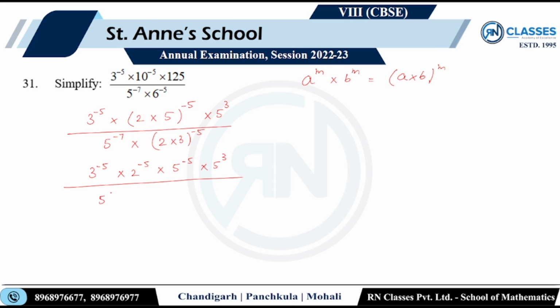Denominator में 5 raised to the power minus 7 into 2 raised to the power minus 5 into 3 raised to the power minus 5.